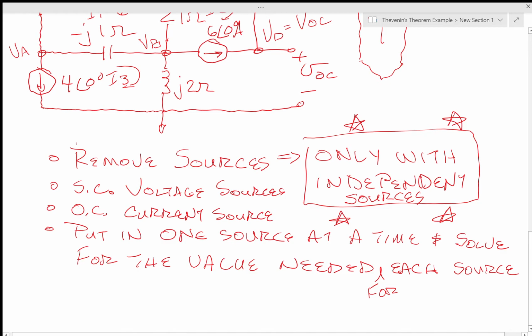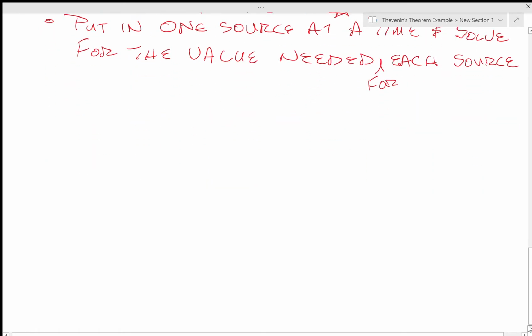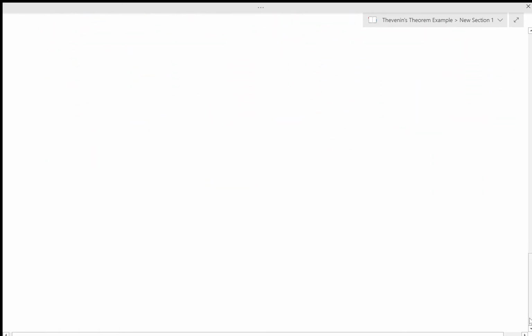So here we go. Here's our circuit. I need a different color. Red's not my favorite. So we're going to go back to black. Okay, so here we go. So we have the 4 angle 0 degree source. We have the 1 ohm resistor.